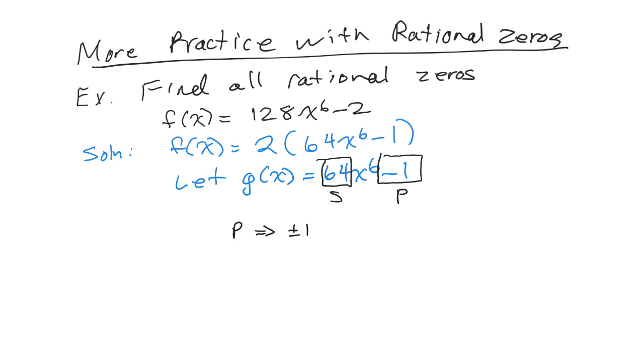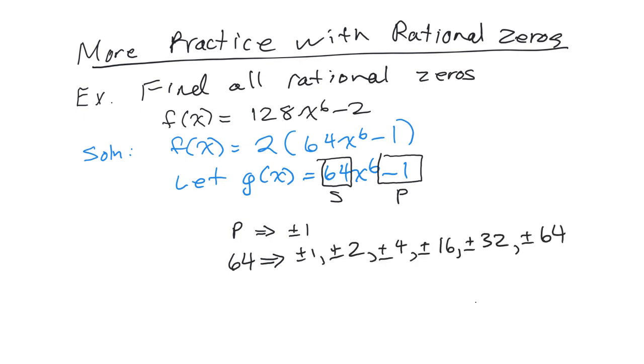But then when we have 64, oh my God, this is the list that we have for all the possible factors of 64. So we have all of these possibilities for our s value. Oh my goodness, that's insane.